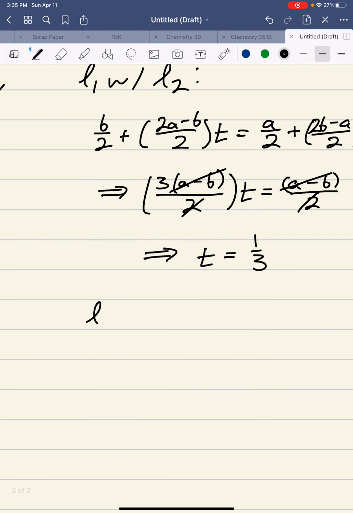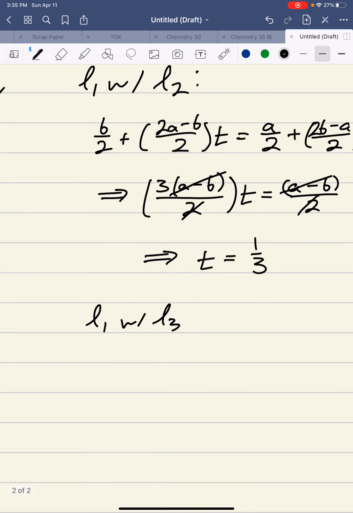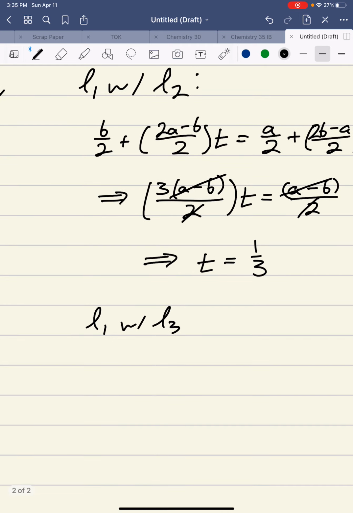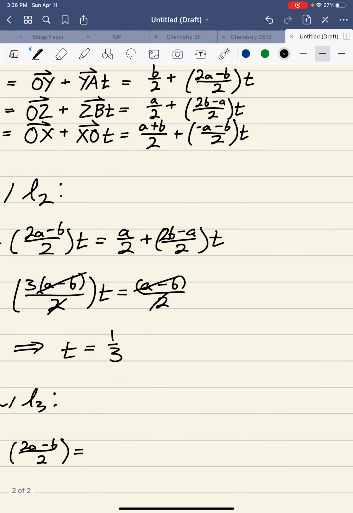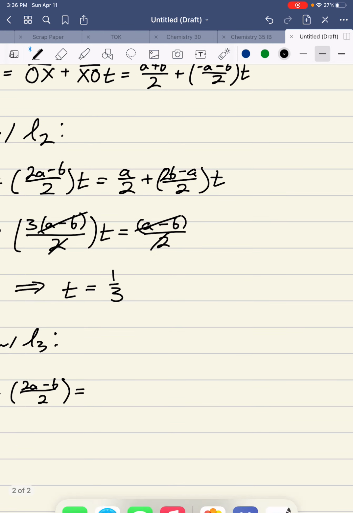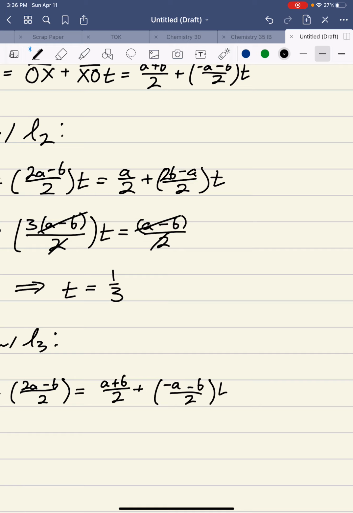So next is line 1 with line 3. So that's just b over 2 plus 2a minus b over 2 t. What's our line 3? a plus b over 2, negative a minus b over 2 times t.